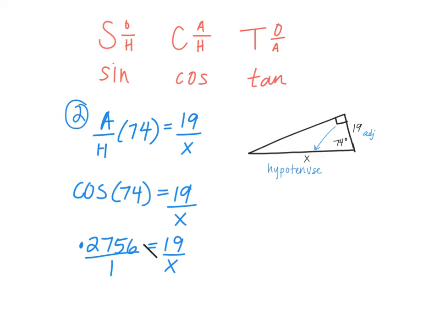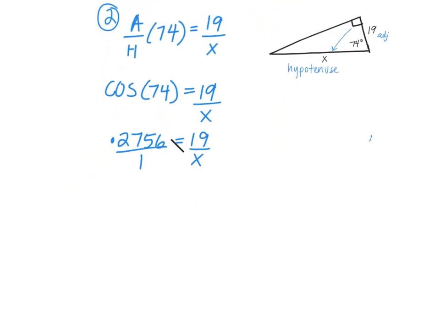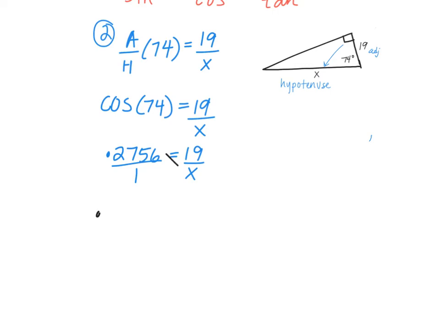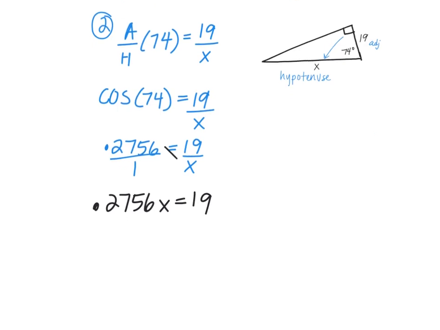This one's a little bit different. Maybe you'll catch on why here in a second. 0.2756x equals 19. Are you done? No, you're not. That'd be when I'd ask a question in class and you guys would say yes, and I'd say no, because x isn't by itself. So keep going.